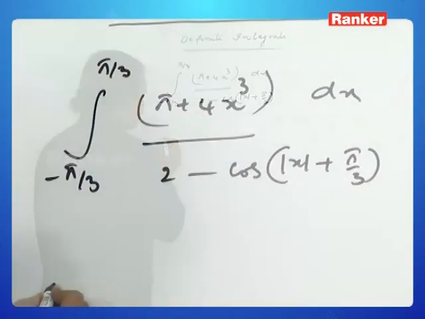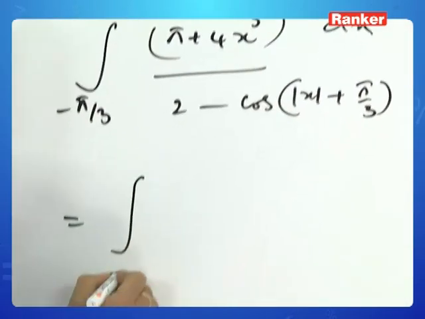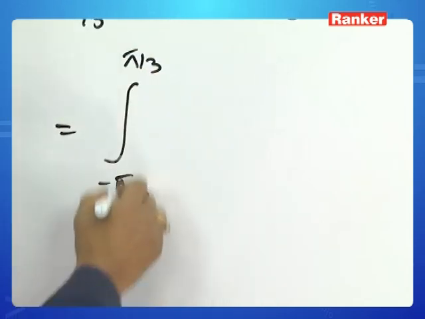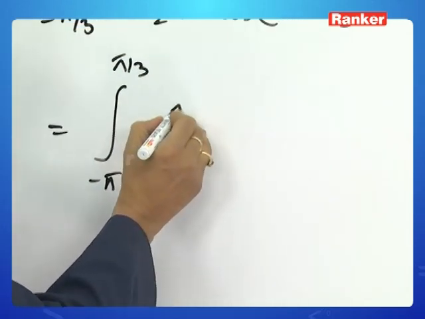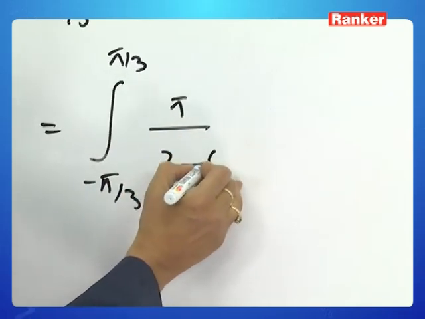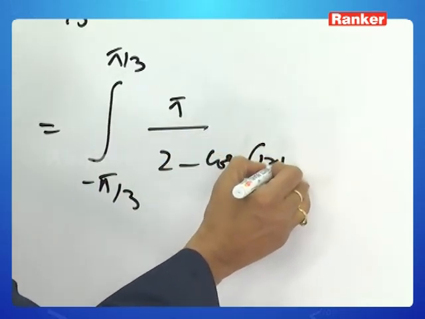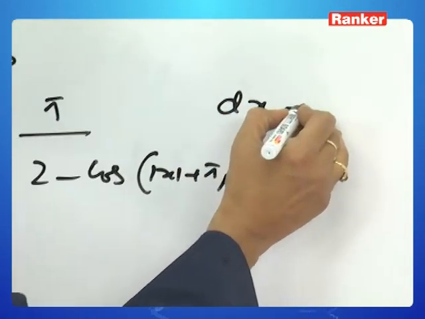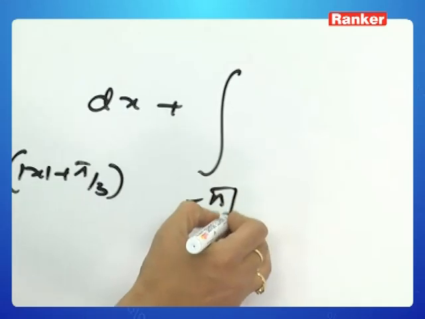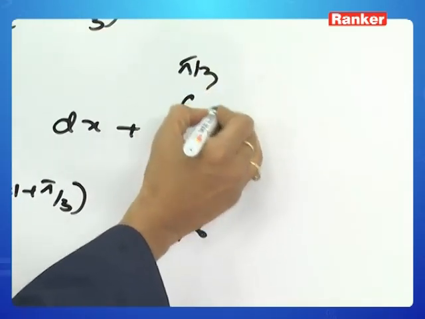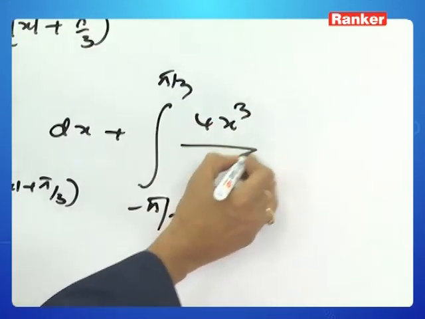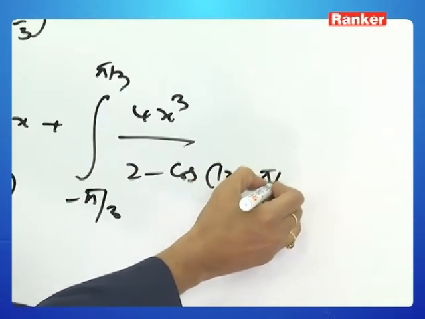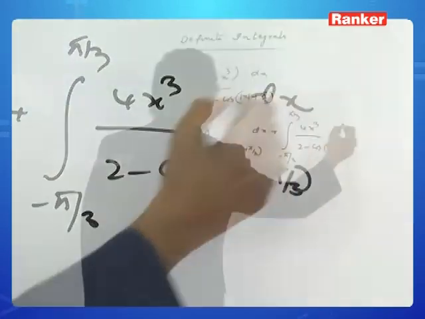Let us first divide this into two integrals, namely minus pi by 3 to pi by 3, pi by (2 minus cos of mod x plus pi by 3) dx, plus minus pi by 3 to pi by 3, 4x cube by (2 minus cos of mod x plus pi by 3) dx.